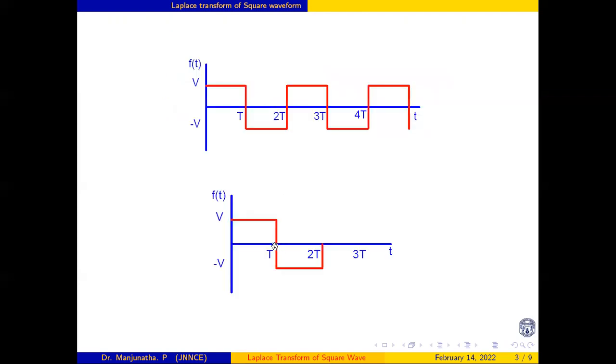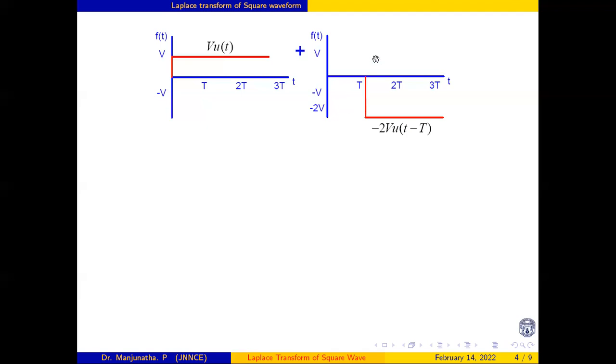But in my case, at that period of time, from T to 2T, its magnitude should be minus V. So it is V, and at this time it is minus 2V. It starts from T. So that's why I'm going to introduce a unit step function with the magnitude of minus 2V.